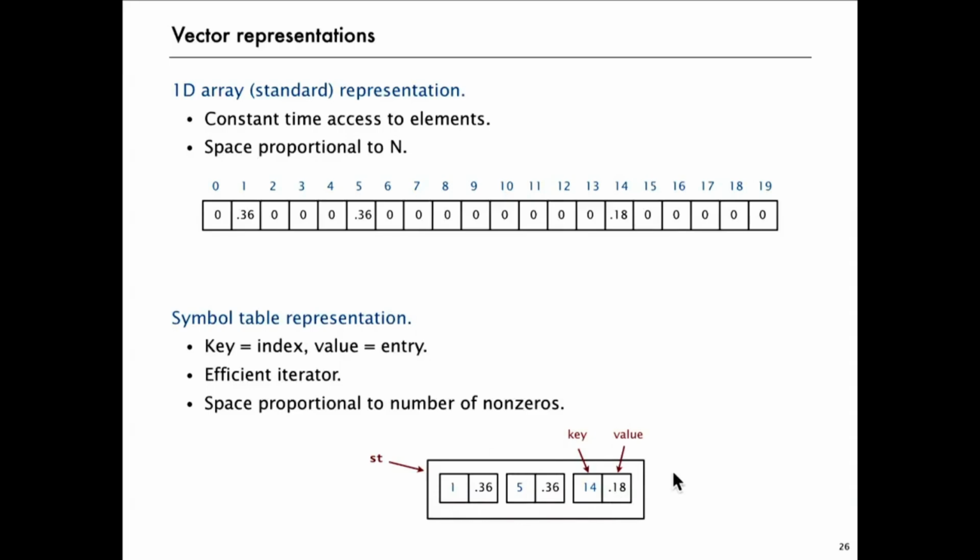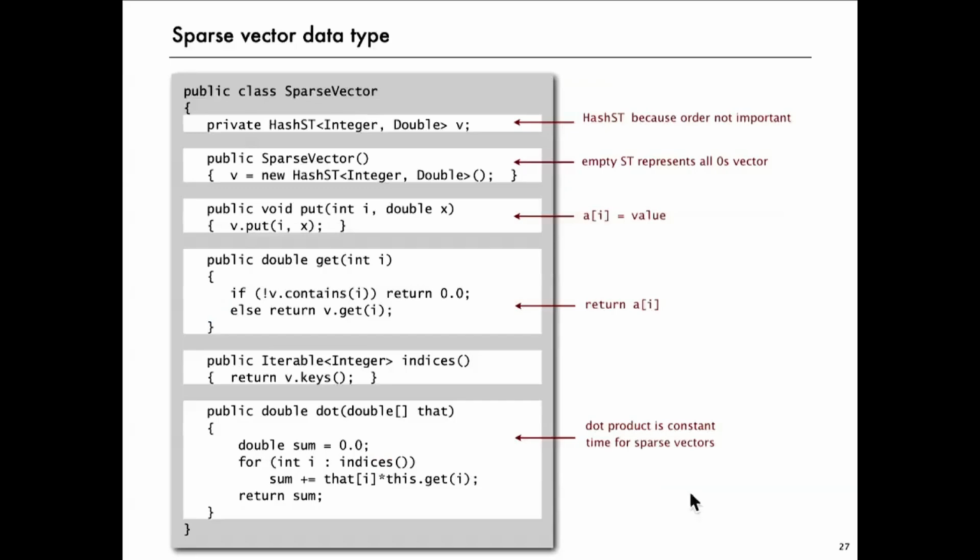But the space is proportional, instead of to n, just to the number of non-zero entries, which again in typical applications may be way, way less. And so now we have a symbol table implementation that has an efficient iterator, and access is not bad. It's just that we're able to do it with way less space.